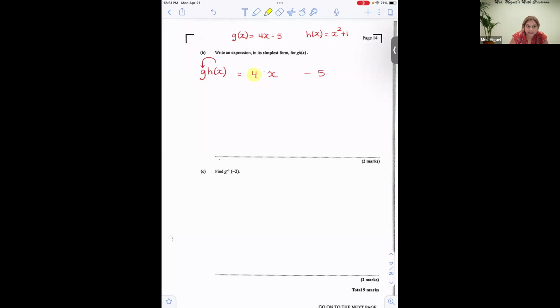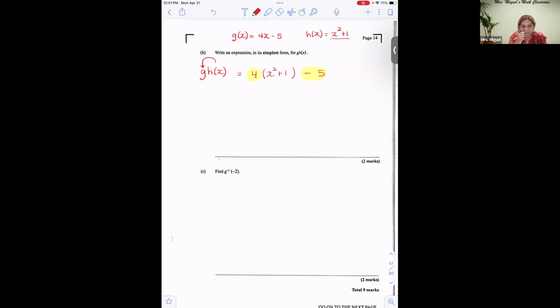This is a number. You can't replace nothing for that. You have to leave that by itself. So it means that x is my replacement and I am replacing x squared plus 1.